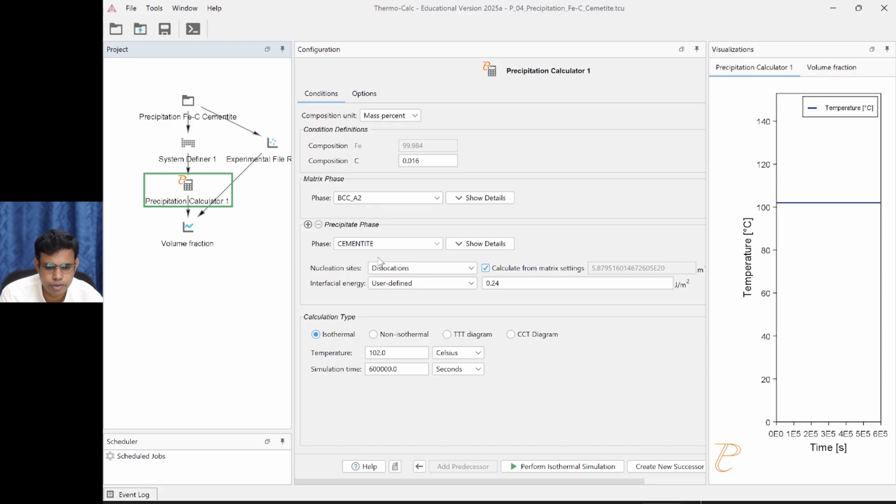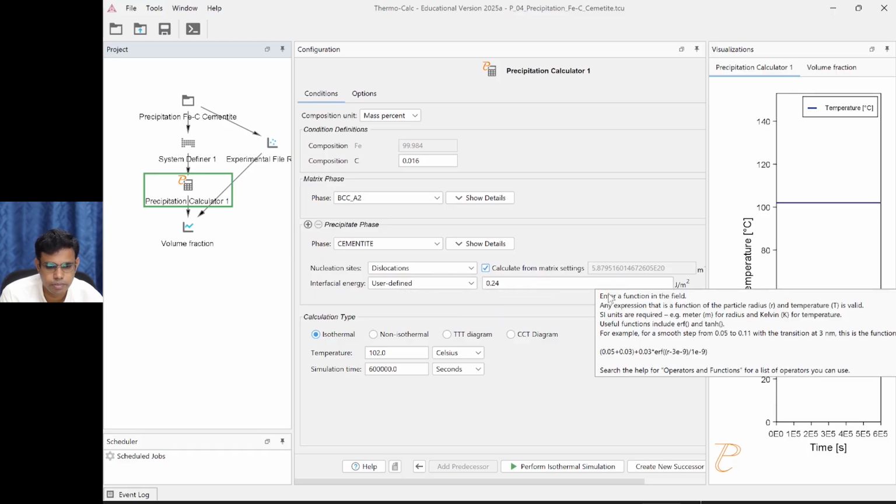Inside that, cementite will form and grow. Okay, and here nucleation sites are given as dislocations. So this is based on experience that the preferred nucleation sites, the heterogeneous nucleation sites, in this cementite formation are dislocations, and certain aspects, interfacial energy aspects, all these things are experimentally available, and that data is used here directly.